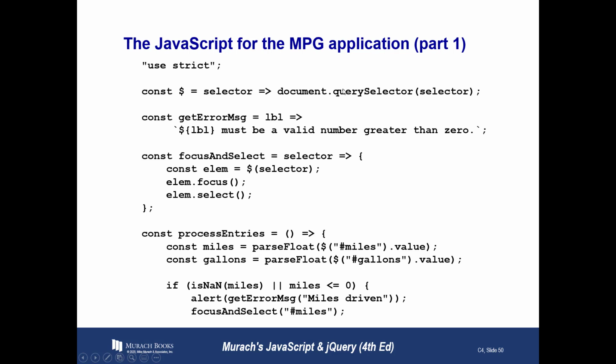Again, this is an alias. This says rather than having to call document.querySelector and pass it something, we only use the $ sign and we pass it something. All right. This works almost identically to the examples we've looked at before.